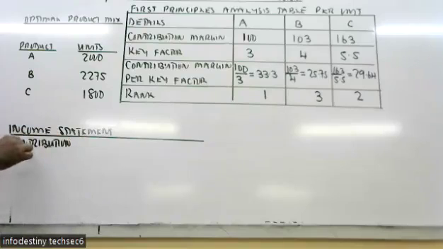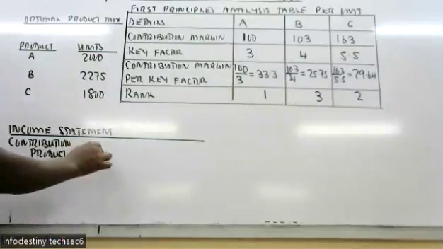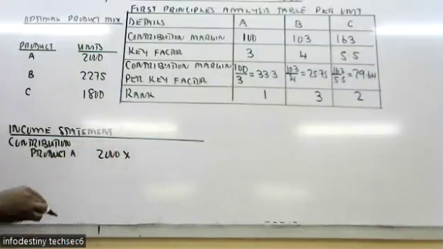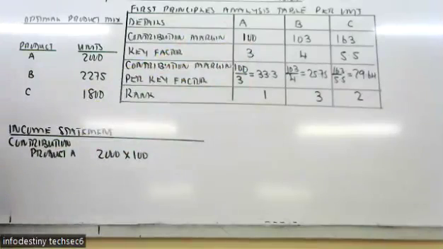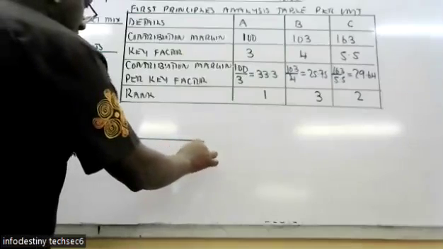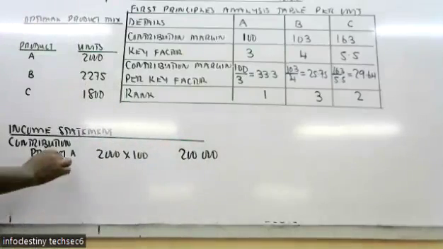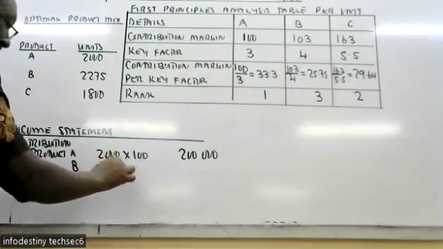Now this contribution, we will start with product A. Product A, we have made 2,000. And each one is giving us a contribution of what? 100. So that gives us 200,000. Then we come to product B. Product B, we have made 2275.